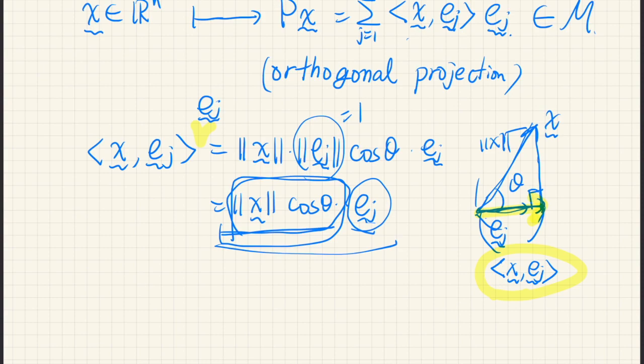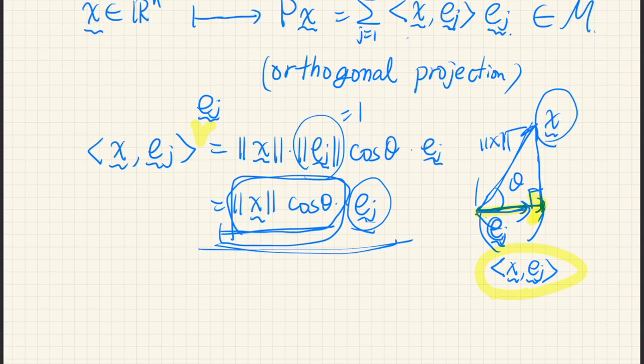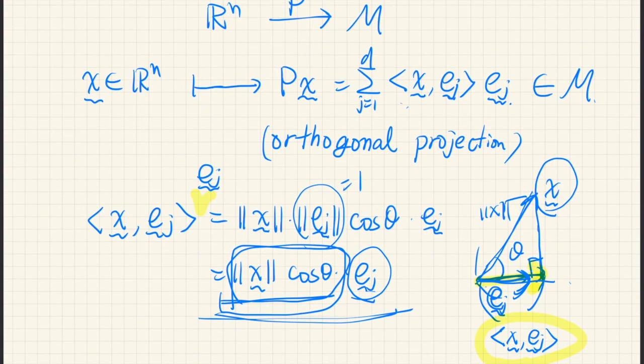So in this sense, this is a projection of vector x onto this axis spanned by e_j. So x is projected onto this vector e_j. That's the meaning of this term.